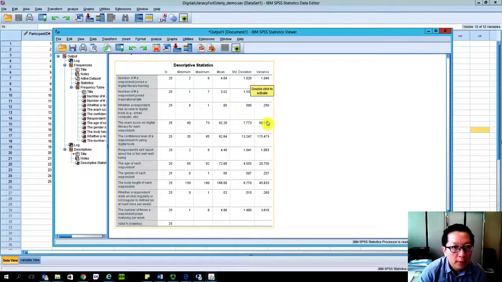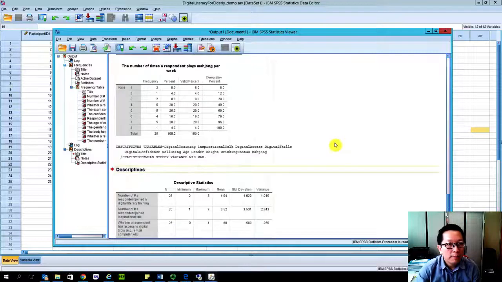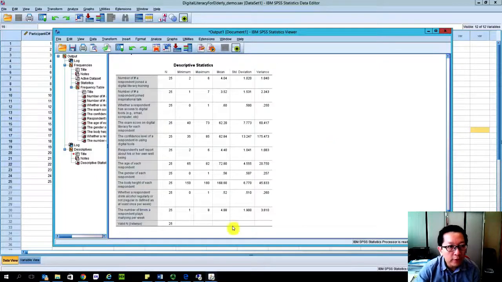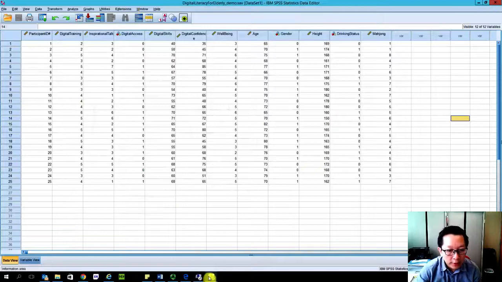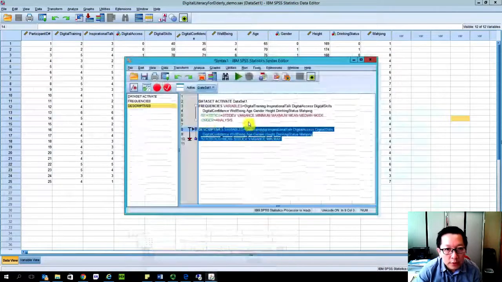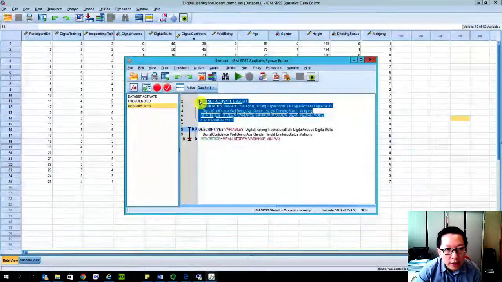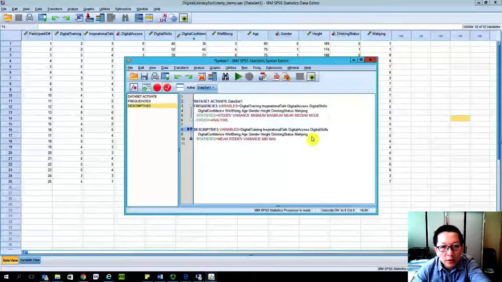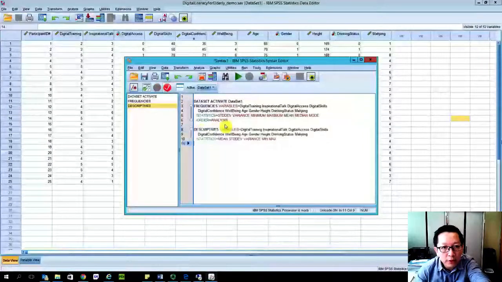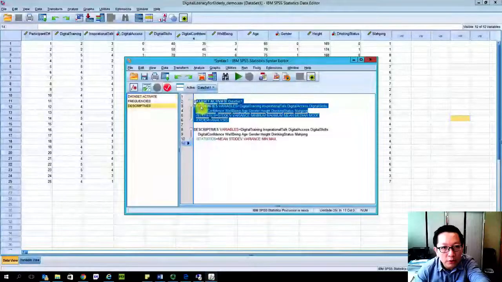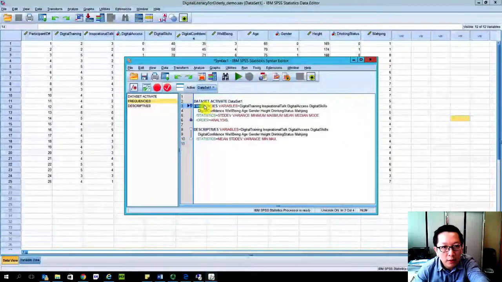That's the mean, right? So it shows you mean, median, and so on. And I want to go back to the previous one, in which I get the other results that show everything. So this is from the frequency, and the one just now is from the descriptive function. Now I'm going back to the frequencies function, which is this one.